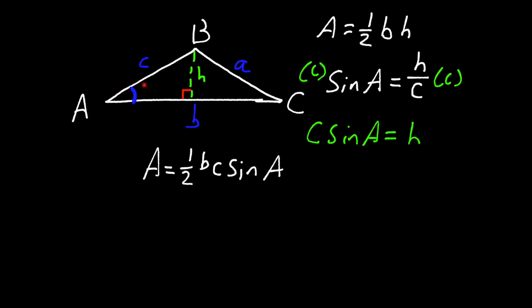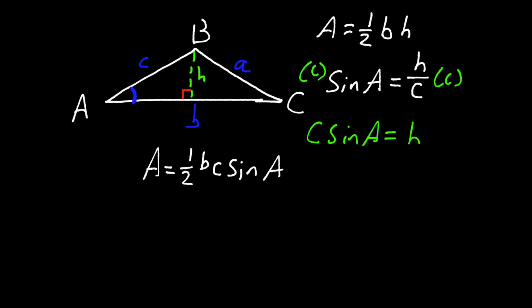This has to be between your two sides, C and B. If it was up here, I couldn't use this version of the formula. I could use a different version of the formula, but I would have to change it around a little bit.